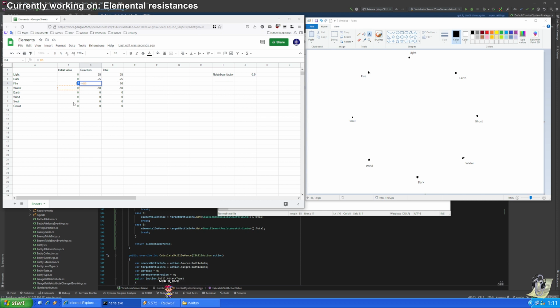So soul times vector plus light times vector. Now minus for fire, have dark, minus dark times that.